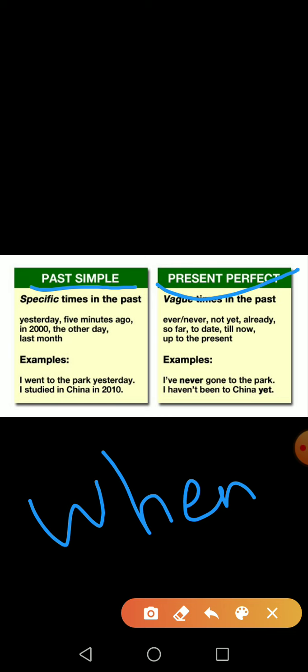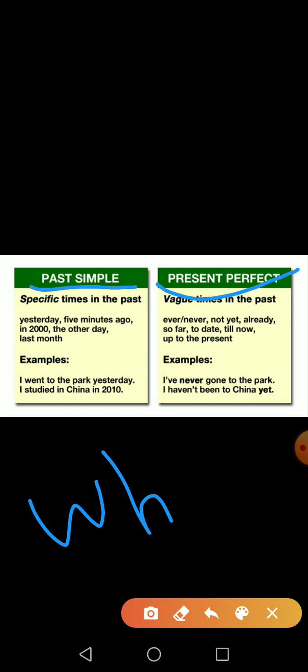So a very important thing to notice about past simple or simple past is the time. In the simple past, we have to mention the time. In other words, we have to say when the action happened or took place. If I say when, that means it is in the simple past.